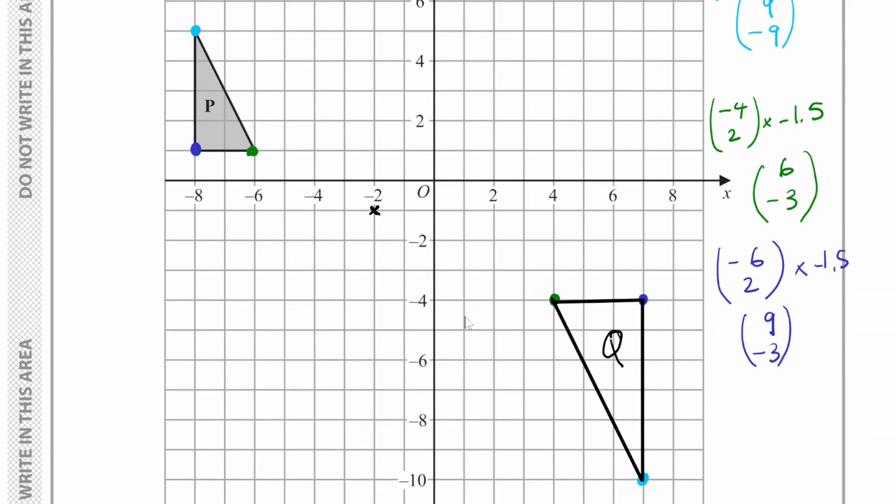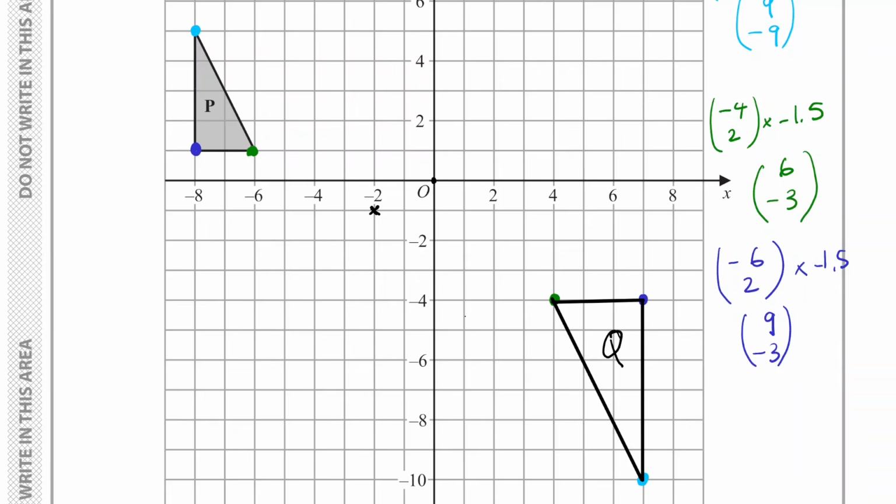So if we rotate P 90 degrees anti-clockwise about the origin, so that we hold the tracing paper at the center. So you can use tracing paper to do this transformation, but to get to the green point, we are 6 left, 1 up at the moment.